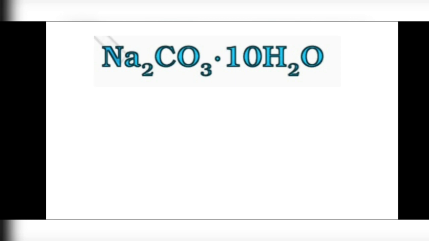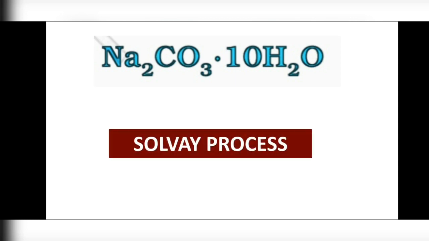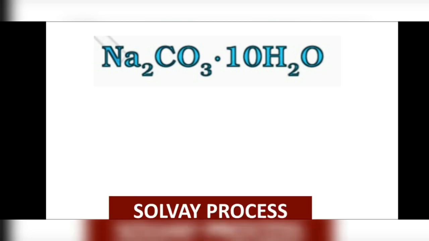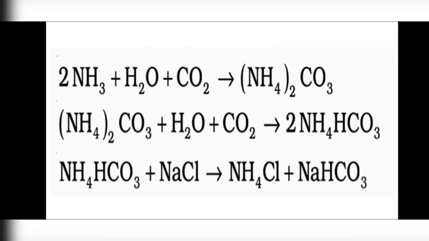Now sodium carbonate is prepared by the Solvay process. So we'll see how to prepare sodium carbonate using the Solvay process. The main reactants of the Solvay process are brine solution, that is sodium chloride NaCl, then you need ammonia. So we'll see the reactions.